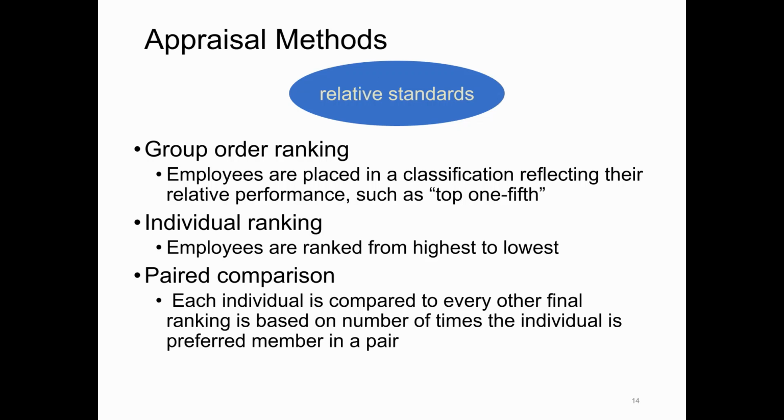For example, in group order ranking, employees are placed in a classification reflecting their relative performance, such as top 1/5.